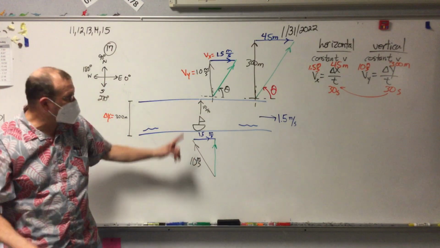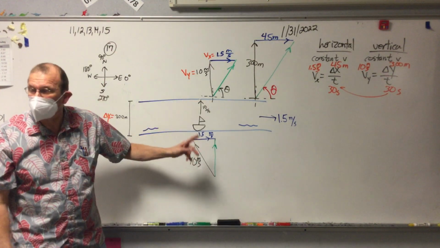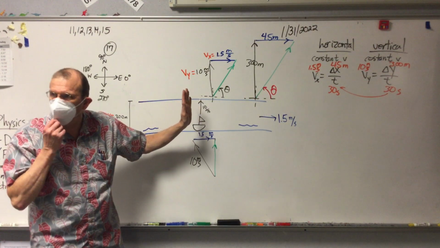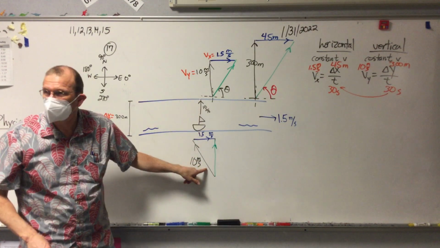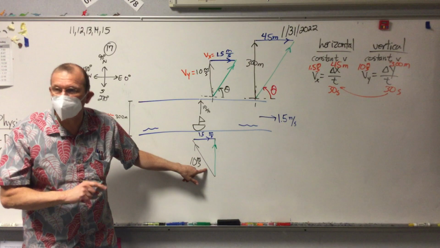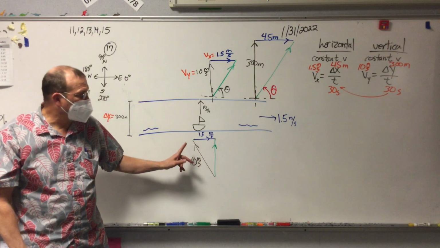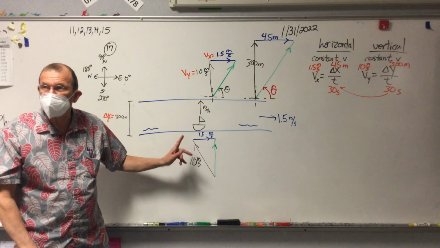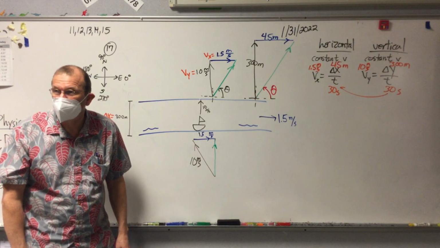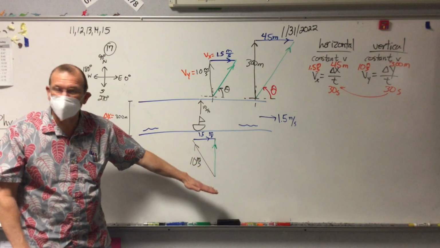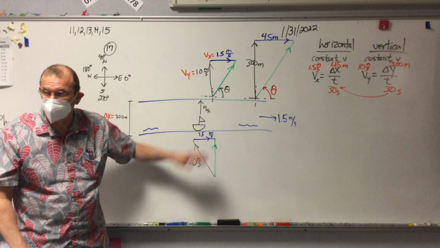Again, intuitively, based on the picture, people would say, "Oh, well, you should point yourself upstream." That's what you did. But it said the boat moves at 10 meters per second. So when you point yourself upstream, you still can only go 10 meters per second. So that's why it's not this one, because the green one represents what the boat is actually doing.